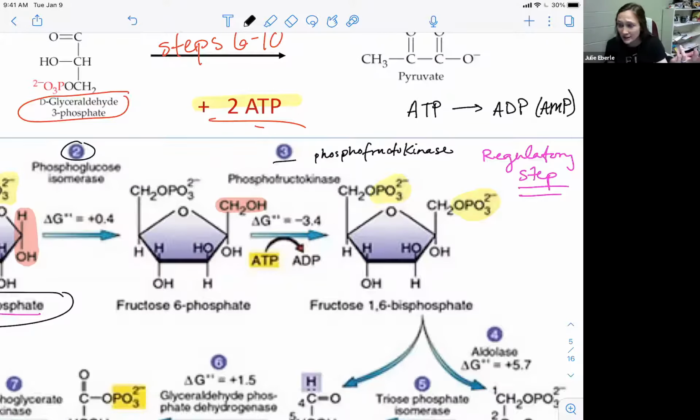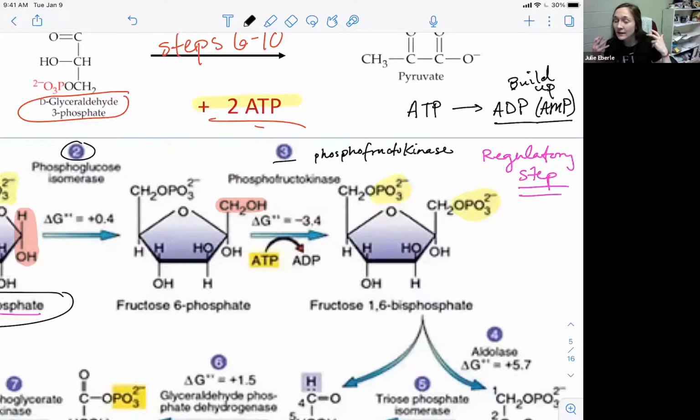And as we use ATP in the body, these things build up. And that would be a really heavy indicator to our body: hey, our supply of ATP is getting low. We need to make more, right? Because we're using it. So ADP and AMP are actually activators.